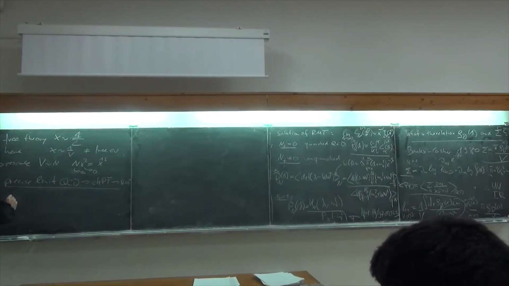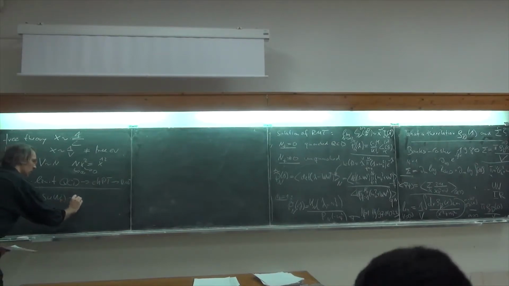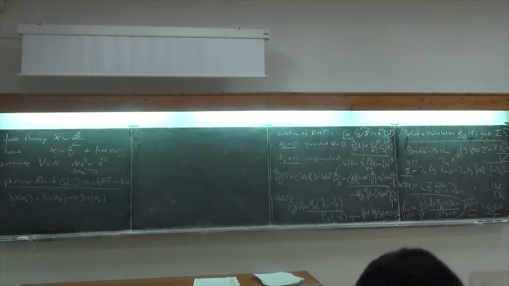So we have a breaking of global symmetry, for example SU(N_f) times SU(N_f) to SU(N_f). If you have a global symmetry that's broken, you get Goldstone bosons. And what are the Goldstone bosons? They are the lightest particles.